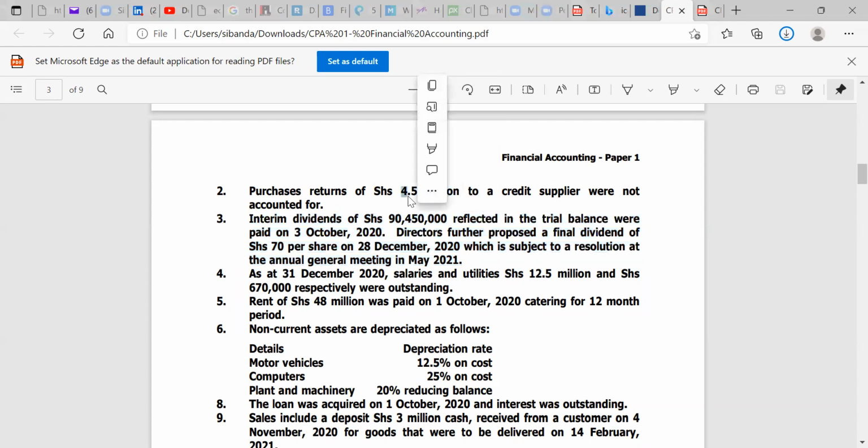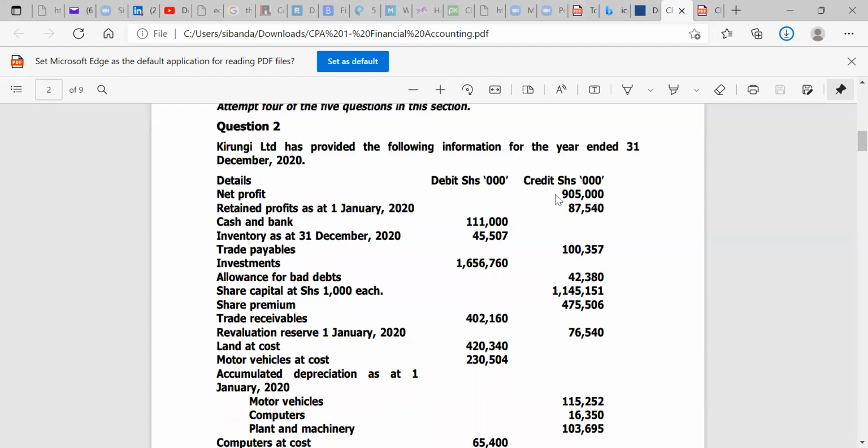Your question to ask yourself here is, if these purchase returns were not recorded, what effect do they have on my net profit? If they were recorded, would they increase my profit or would they reduce my profit?